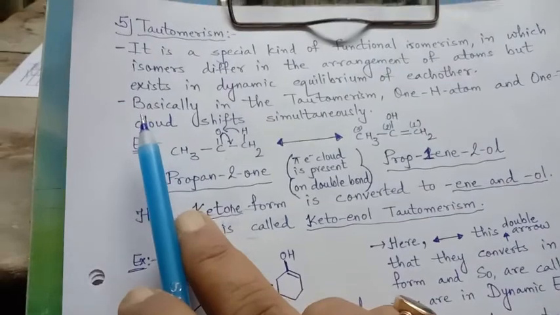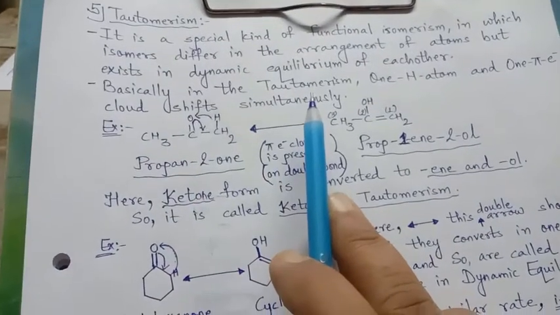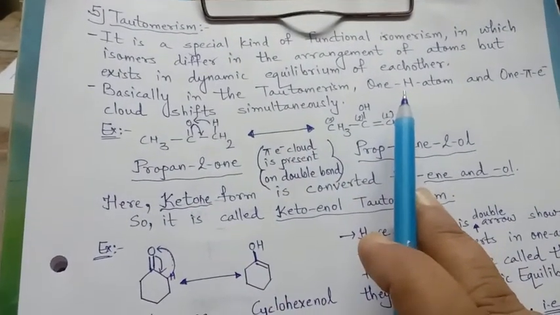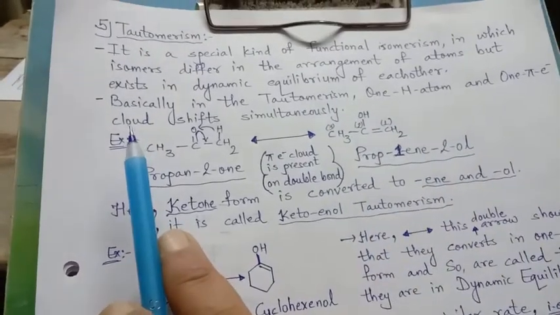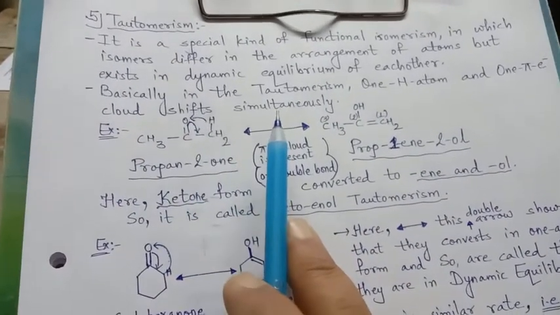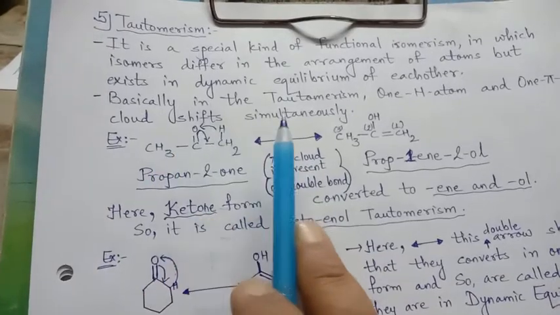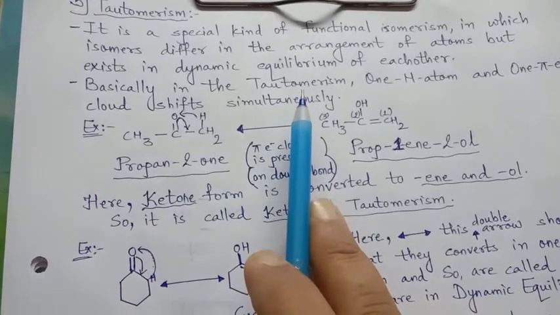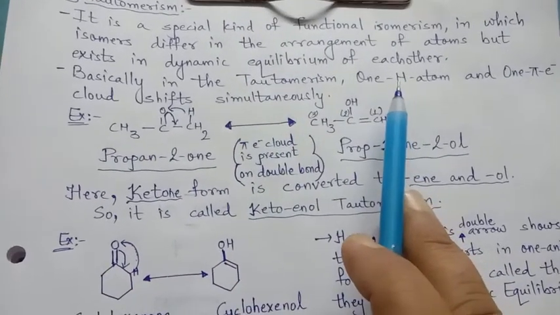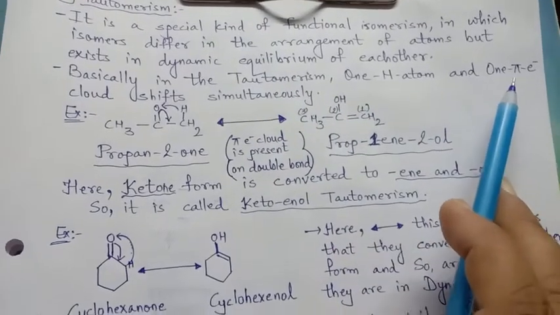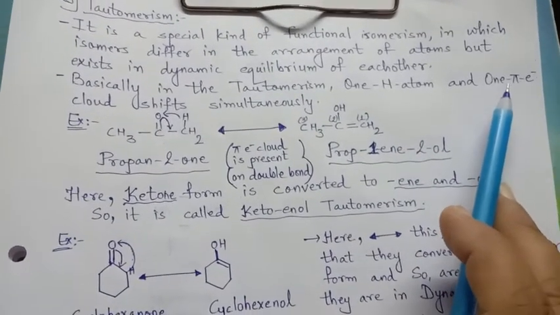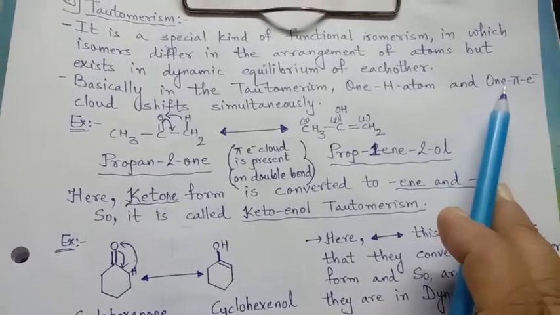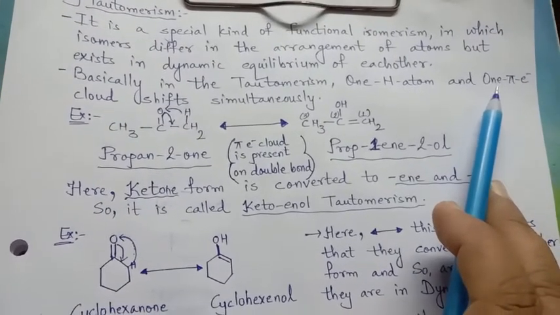Let us see. Basically, in tautomerism, one hydrogen atom and one pi electron cloud shift simultaneously. What does this mean? Pi electron cloud means where the double bond is present in the compound.